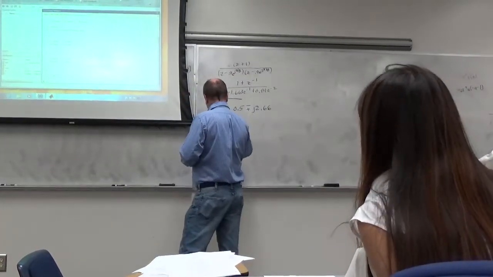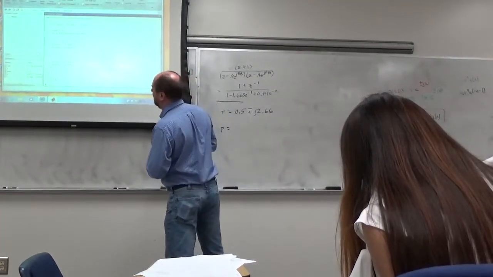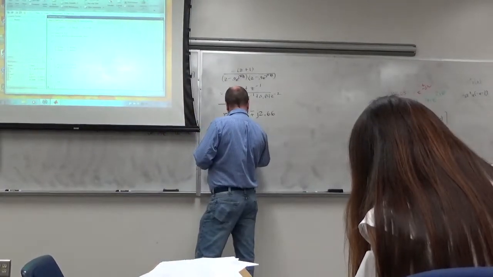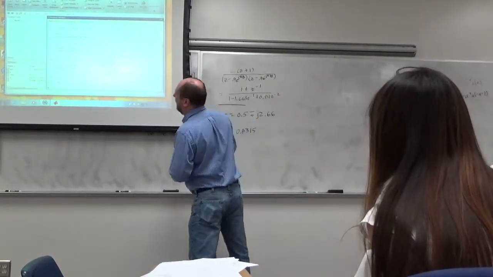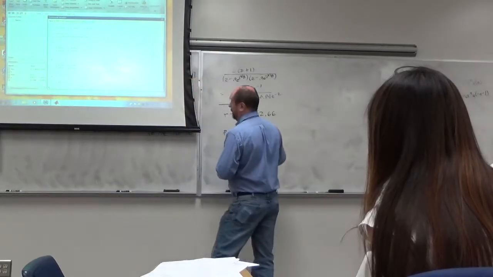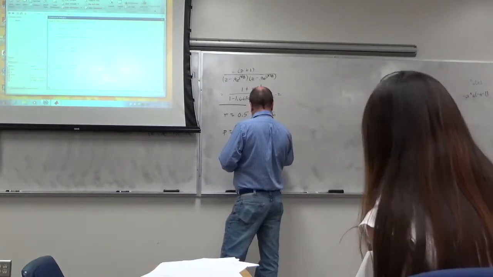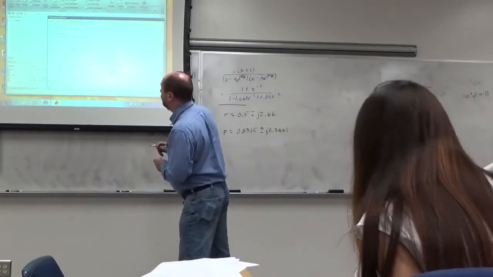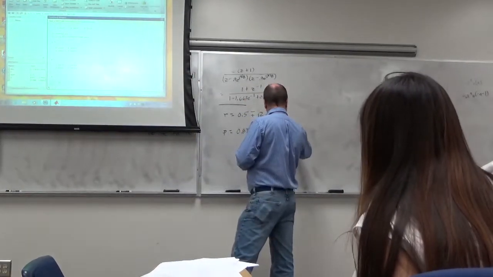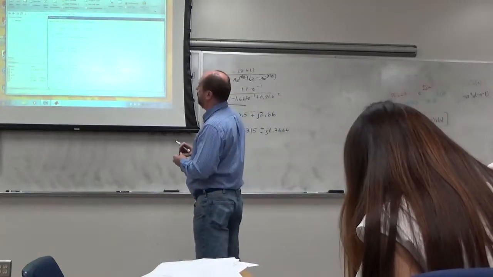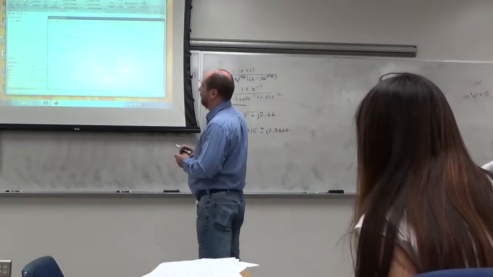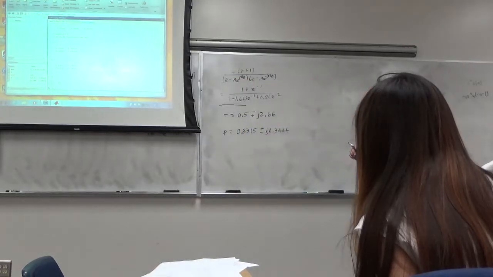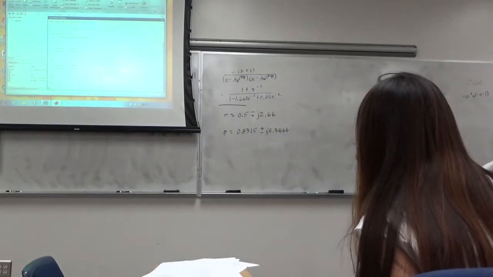P is 0.8315 plus or minus j 0.3444, is that correct? No, 3.444. 0.8315 plus or minus. Don't overlook that plus or minus versus minus plus because it matters.